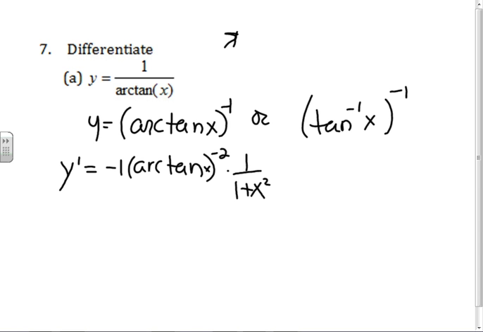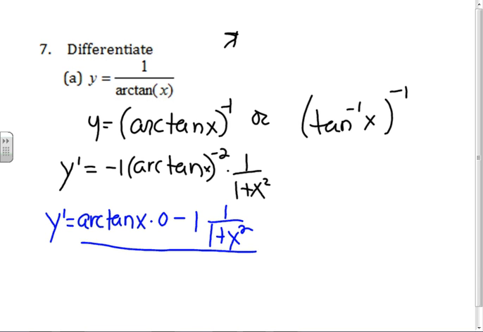Because, remembering the quotient rule, it is arctangent of x times the derivative of the numerator, which is 0, minus the numerator times the derivative of that, which is 1 over 1 plus x squared, all over the square of the denominator, arctangent squared.